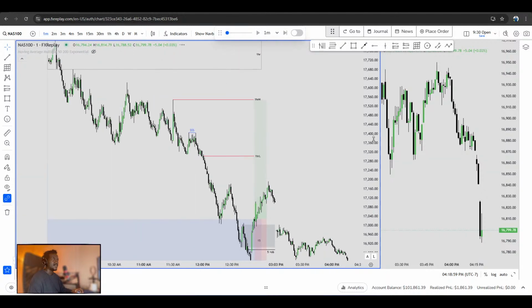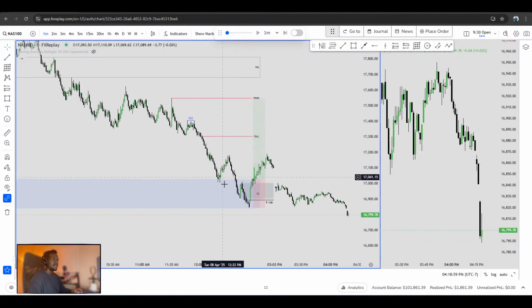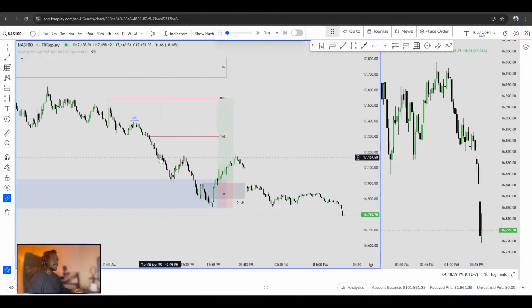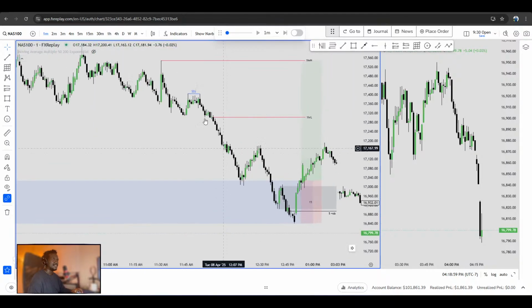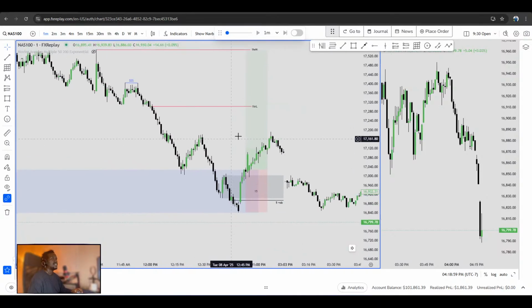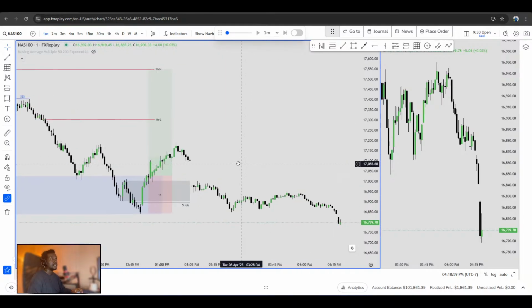About the 1-minute, trade below some liquidity, and then we see that pattern. Not really. So in this case, what would you have done, man? Nothing.